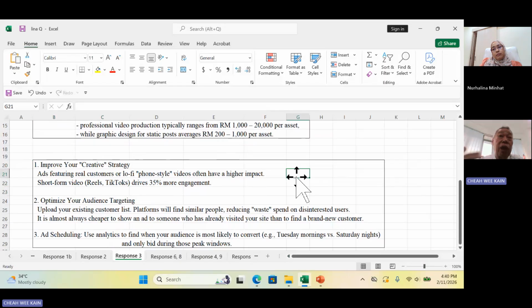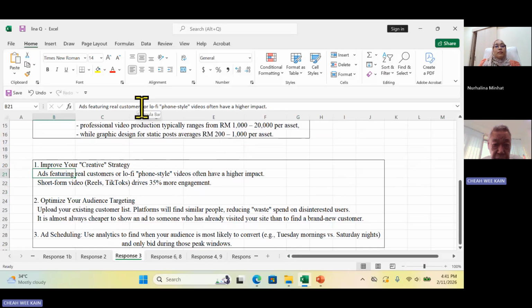We call it takes. Take one, action, action again, 2 or 3 times. It gives a very authentic feel, not very professional, because the customer can also buy. You're not a model, isn't it? So the actual people buy, maybe I can consider buying. So this is a very good idea. I want you to consider a real customer.